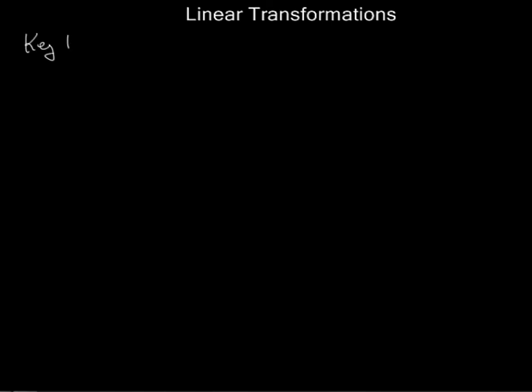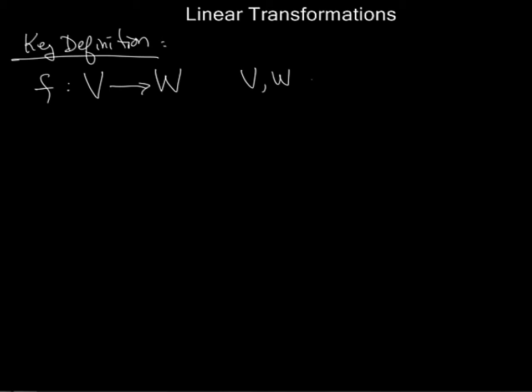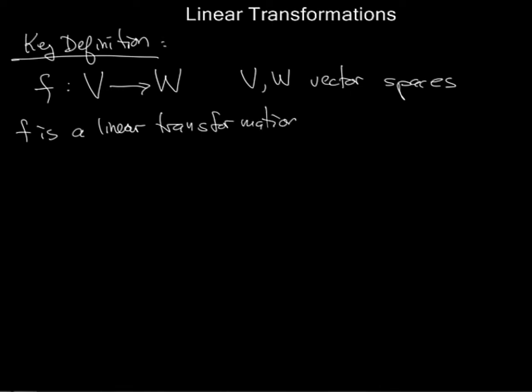That was just a reminder, but now we're going to abstract it and talk about it in the context of an abstract vector space. So suppose we have a map between two vector spaces, f mapping V to W. We say that f is a linear transformation, or we'll sometimes say that f is linear for shorthand, if the following two conditions hold.